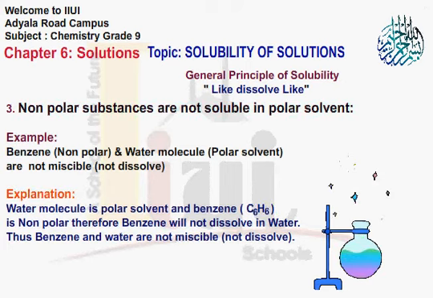The third point which the principle like dissolves like explains is that non-polar substances are not soluble in polar solvents. The example is benzene, which is a non-polar molecule, and the water molecule, which is a polar solvent. They are not dissolved, that is, not miscible.